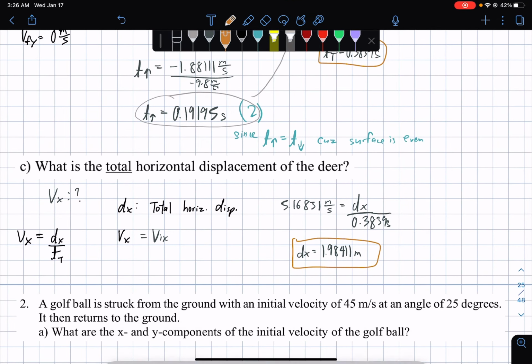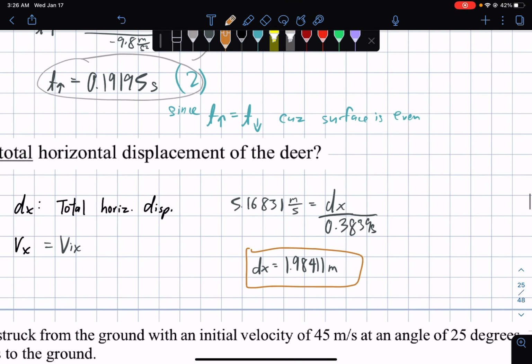I think the horizontal, by the word horizontal, oh wait, is it this or is this? Ah, yes. The total horizontal displacement is like the entire journey. Wait, I'm not supposed to say that. It's kind of sensitive.